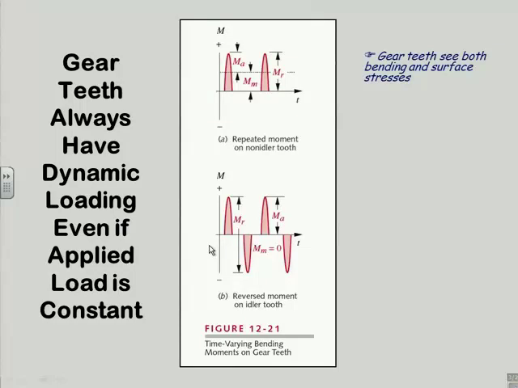We should expect that the gear teeth will see both bending stresses due to the fact that they're cantilever beams, essentially, with loads transverse to the beam. And they also will see surface stresses because they're rubbing on one another, and we have a Hertzian contact situation such as we discussed in Chapter 7. Now, I think you understand that when we have non-surface type loading, non-Hertzian stresses, we can, with the right materials, get infinite life.